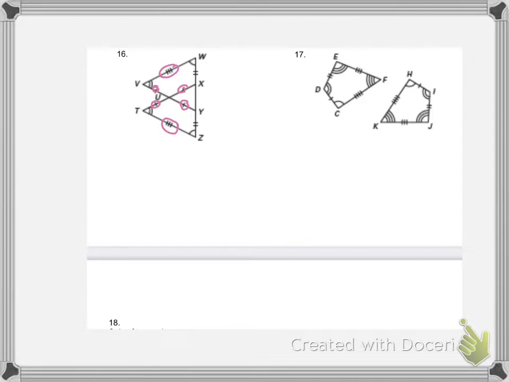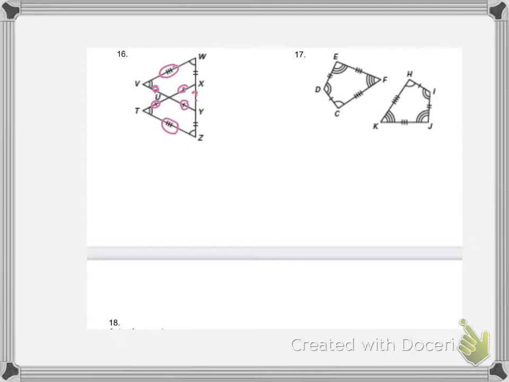Now here's where it gets tricky. I see that WY is 2 plus a mystery. I also see that XZ is 2 plus a mystery. That means they have to be the same length if you're adding the same thing to two different triangles.